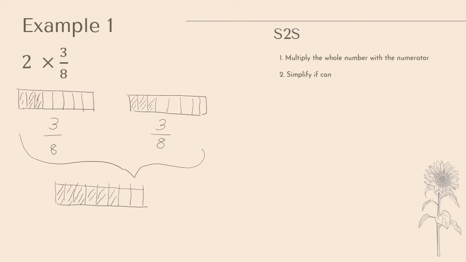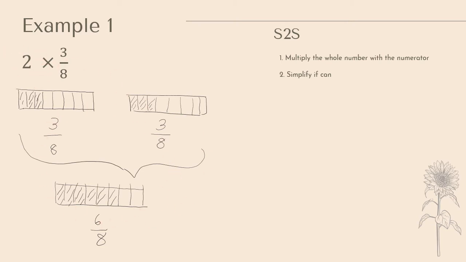So altogether, we have 6 out of 8 when we combine this into a fraction because we need 2 of them. So the shaded part is 3 and 3, so 3 plus 3 is 6, and the denominator stays the same. Now, this is in pictorial form, as in what's going on when you multiply a fraction with a whole number.